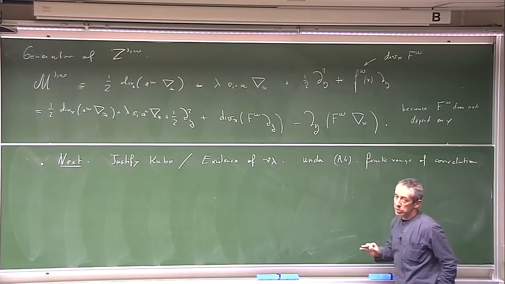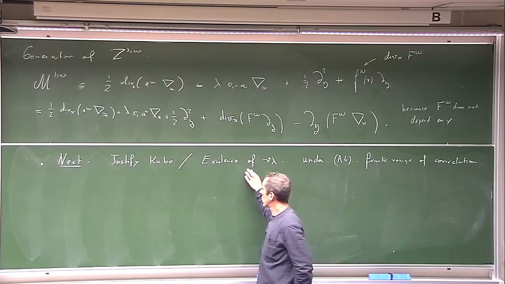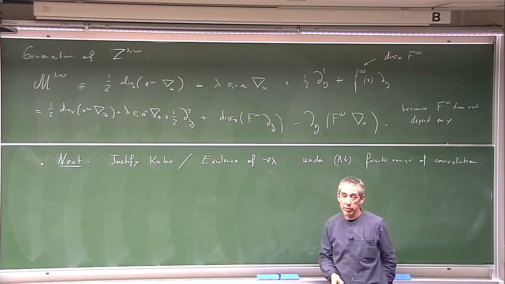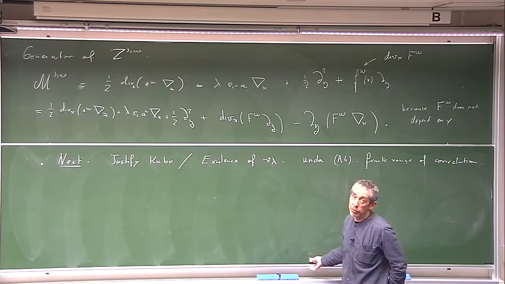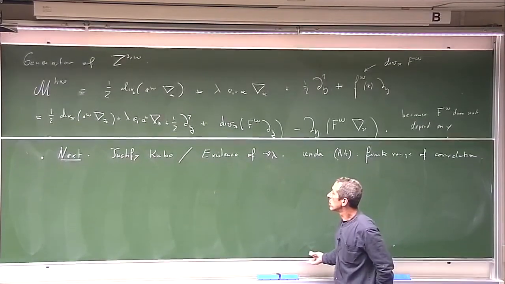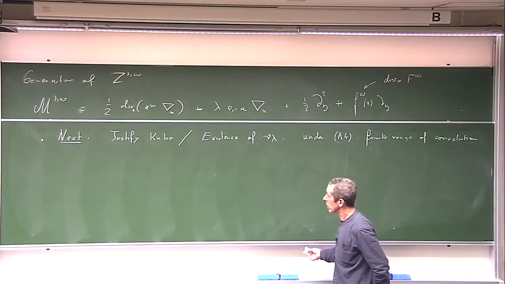So in the next lectures, I will describe the proofs of the Kubo relation for random environments with a finite range of correlation.